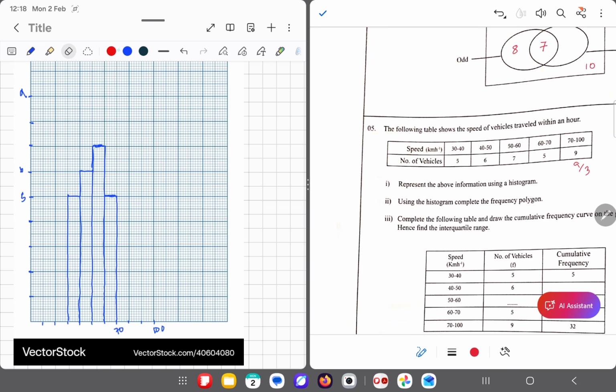So for that one only we have to do 3 times this. Others are the same size, right, okay.